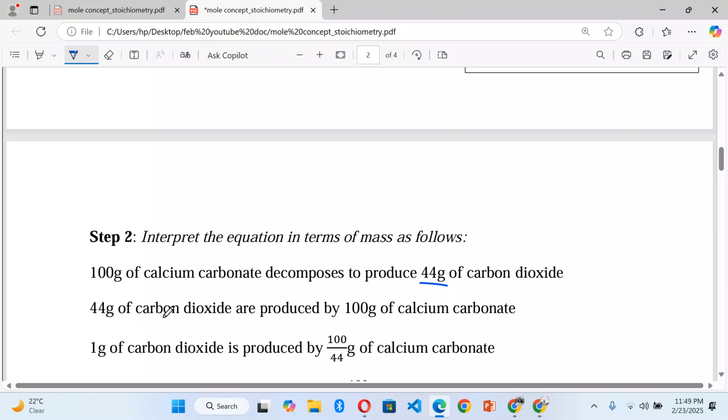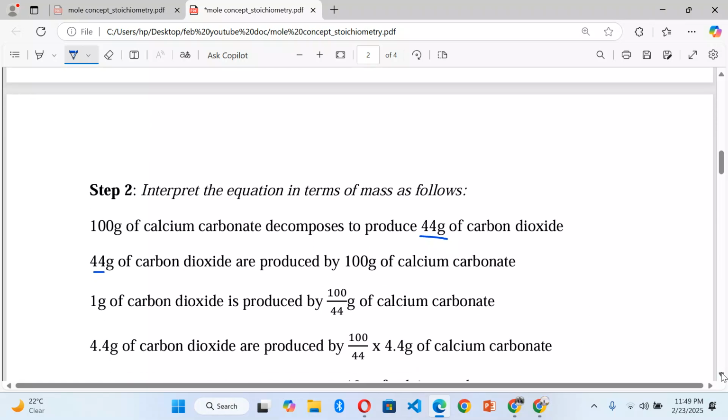Now, if 44 grams of carbon dioxide are produced by 100 grams of calcium carbonate, what about 1 gram? 1 gram of carbon dioxide is produced by, we divide by 44 on both sides to leave 1 here, so it becomes 100 divided by 44 grams of calcium carbonate. Now, the question told us that 4.4 grams of carbon dioxide was produced. So if 1 gram of carbon dioxide can be produced by this, what about 4.4 grams?